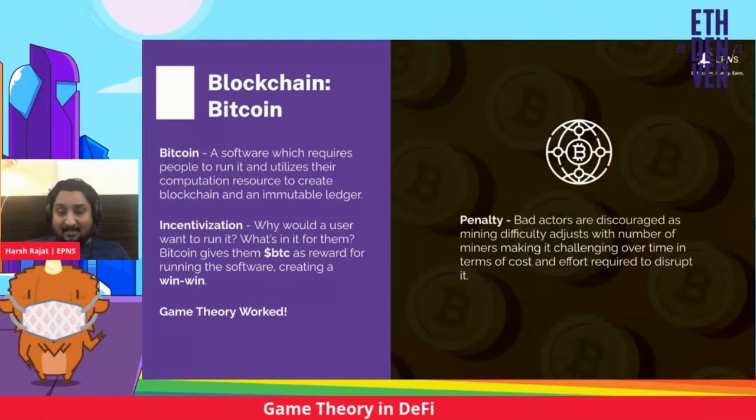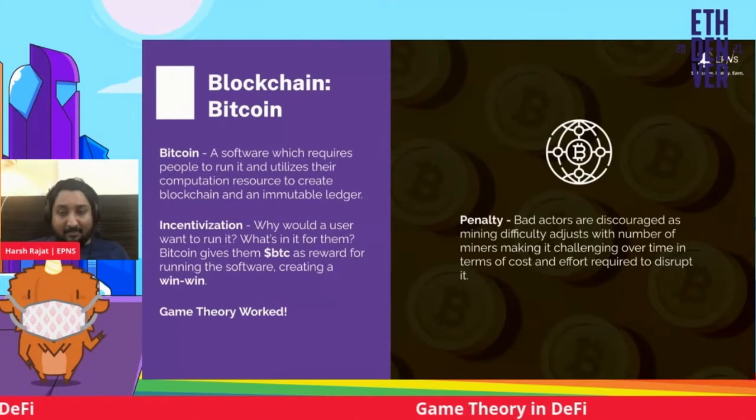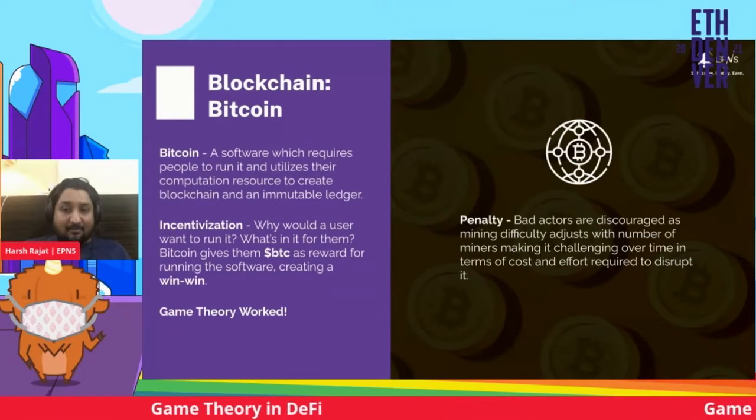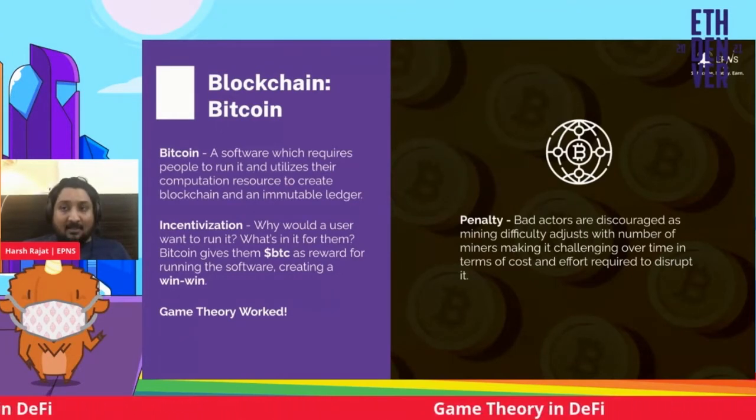And then there's one very tricky penalty as well, a tricky way by which the blockchain software was designed. In the start, you didn't need a lot of computing power to just start using Bitcoin.